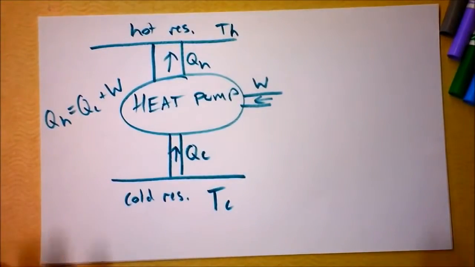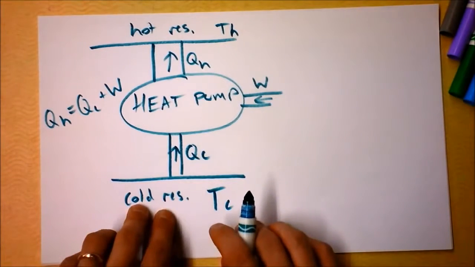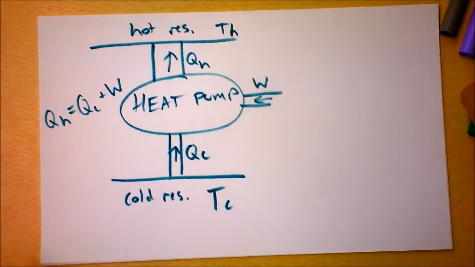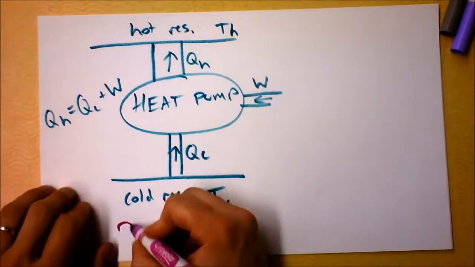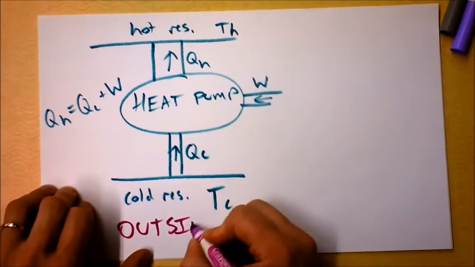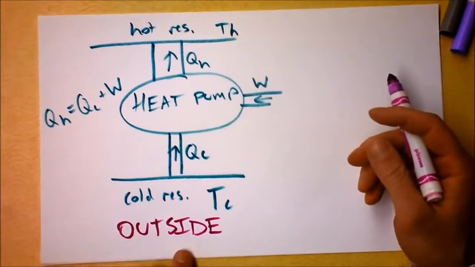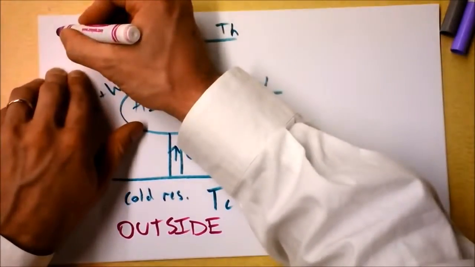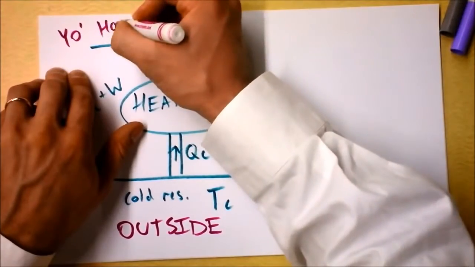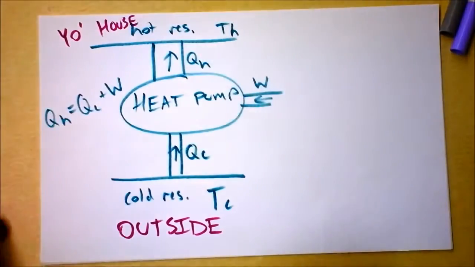My point is, the cold reservoir in a heat pump is the outside air. On a cold day, you're taking heat from the outside and bringing it into your house. And that does not spontaneously happen.